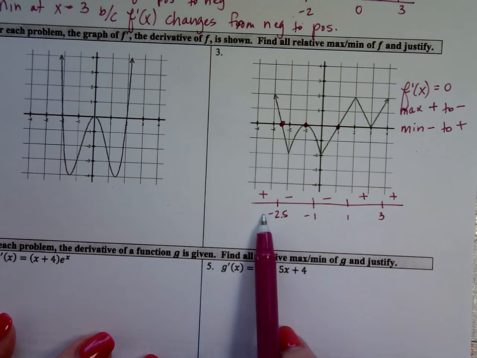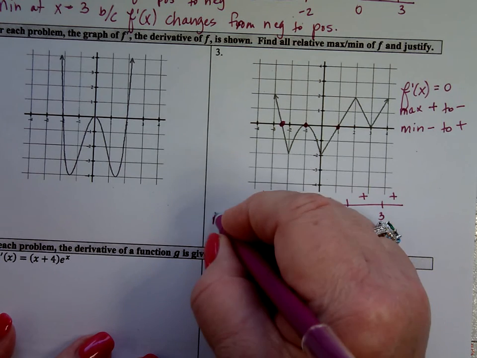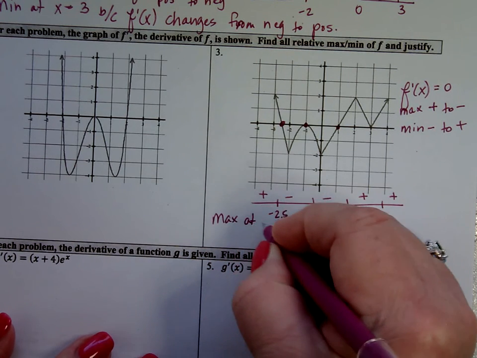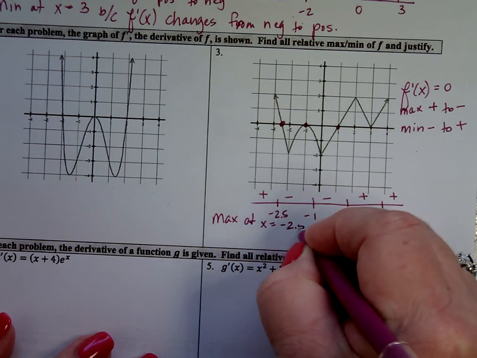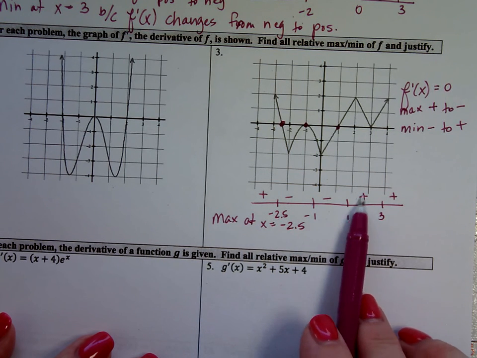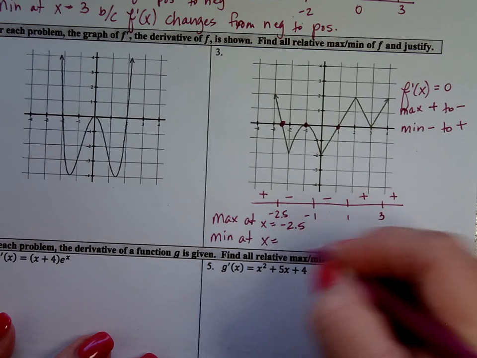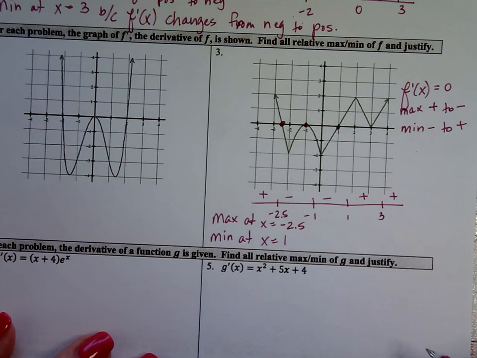So where I have it changing signs is positive to negative at -2.5. Well, that creates a maximum at x equals -2.5. And then I keep reading it, negative, that doesn't do me any good, but negative to positive does. Decreasing to increasing creates a minimum at x equals 1. And then positive again doesn't do me any good for finding an extrema.